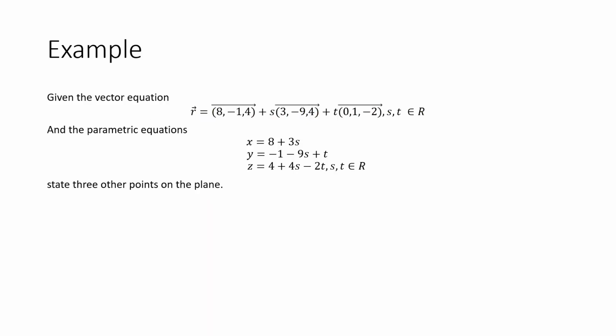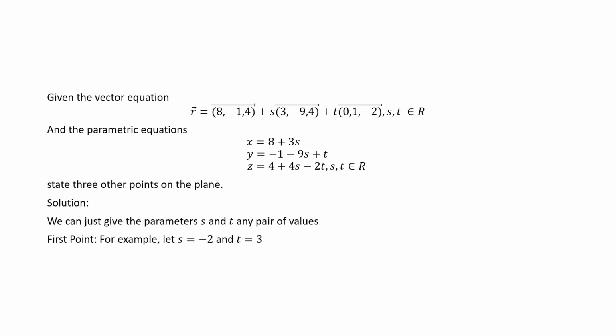Now, for our next question, if we're given this vector equation of a plane and these parametric equations of a plane, let's state three other points on the plane. All we're going to do is come up with three different pairs of values for s and for t. So for the first point, imagine we let s equal -2 and t equal 3.